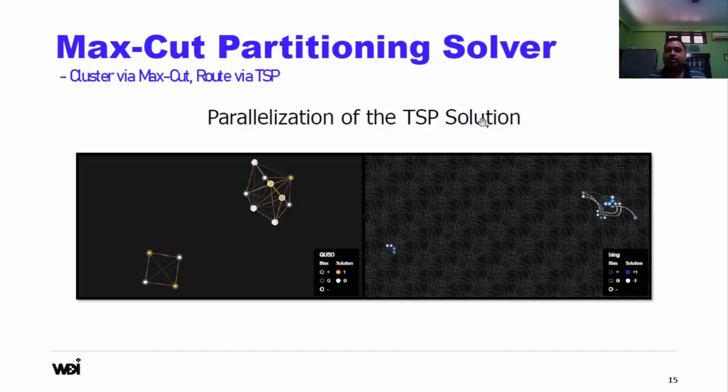So here is the parallelization of the TSP solution. The graphs in this figure are shown for a problem that has 5 client nodes and 2 vehicles. We are considering the QWorld graphs for the second phase of the problem, the traveling salesman problem phase.